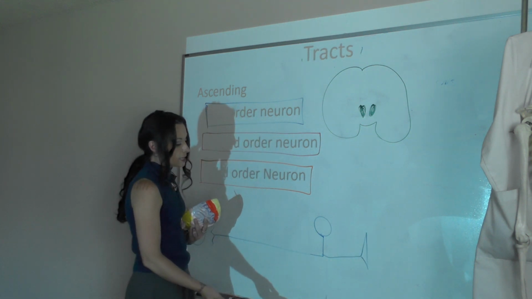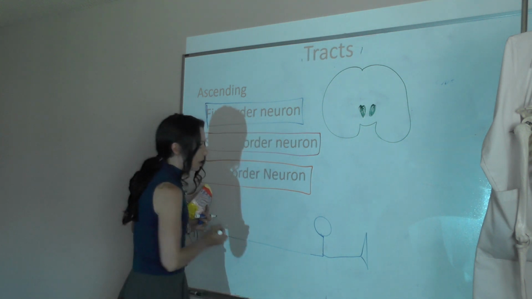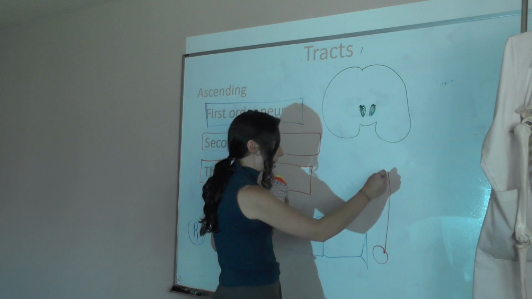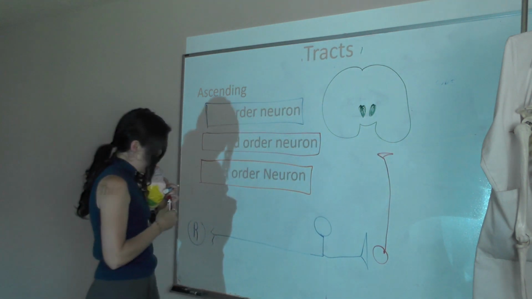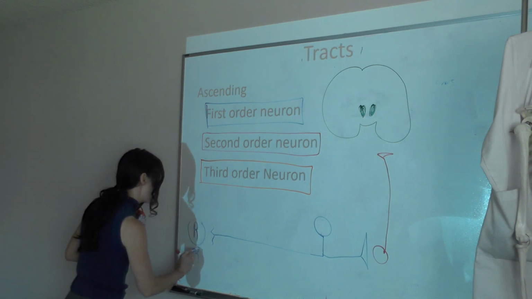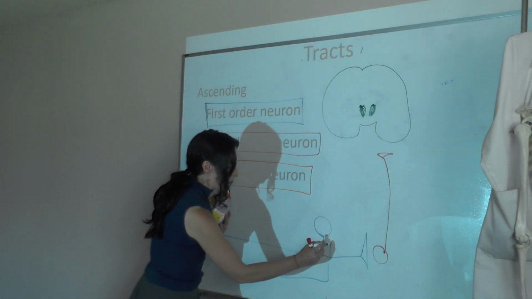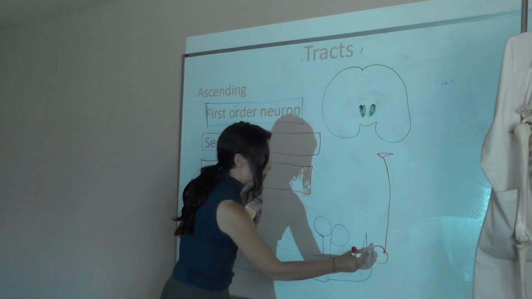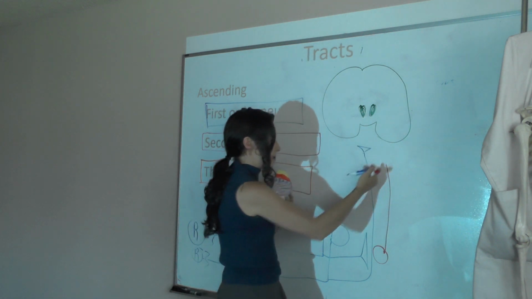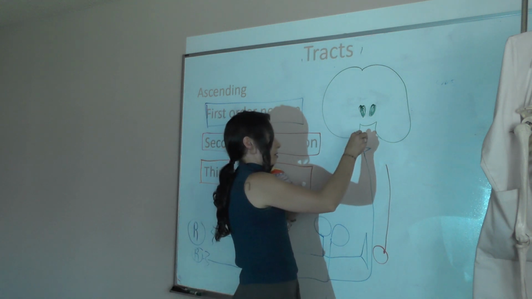The question is, is it synapsing there at the level of the spinal cord onto the second order neuron, or is that first order neuron so ginormous, hooked up to a sensory receptor that is in a pathway where now our sensory neuron is going to go all the way up to the brain stem and then synapse onto our second order neuron.